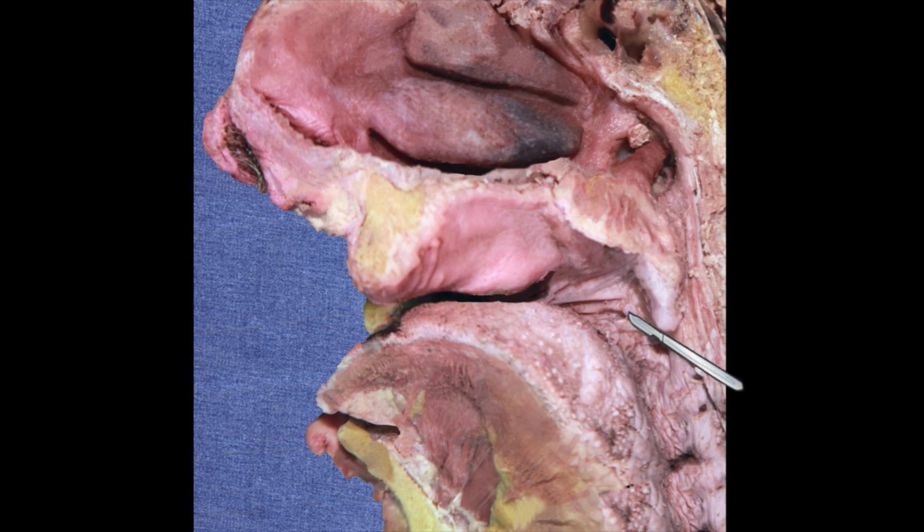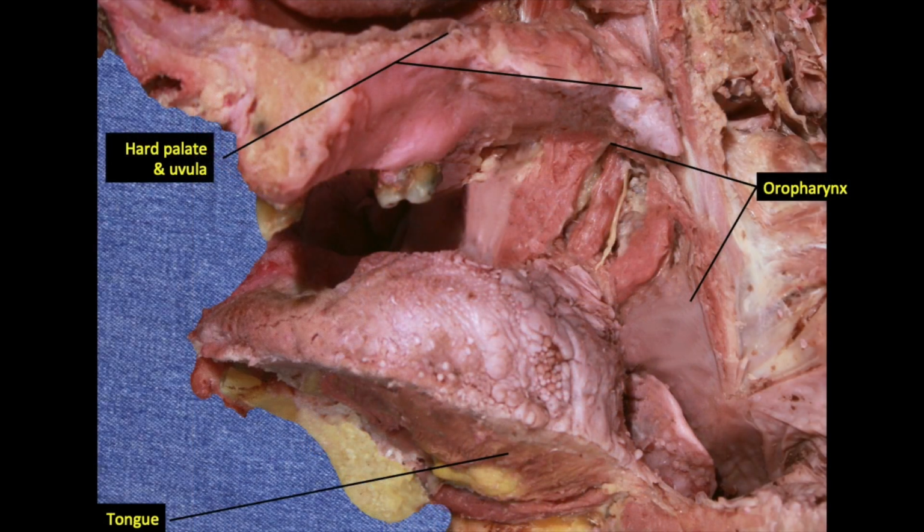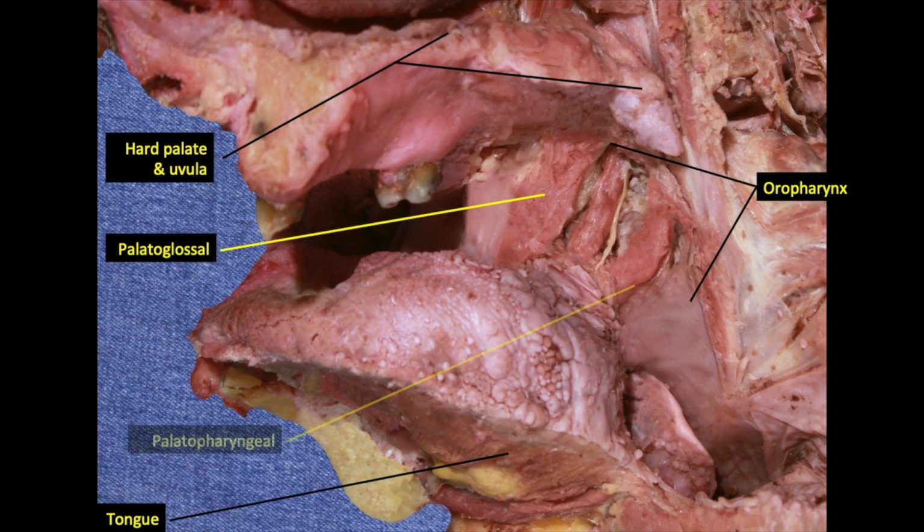The dissection now continues by using a scalpel blade and carefully removing the tonsillar bed mucosa to expose the underlying muscles responsible for the arches. First, we see the palatoglossal muscle, the only muscle that moves the tongue but is not innervated by the hypoglossal nerve, and then the palatopharyngeal.